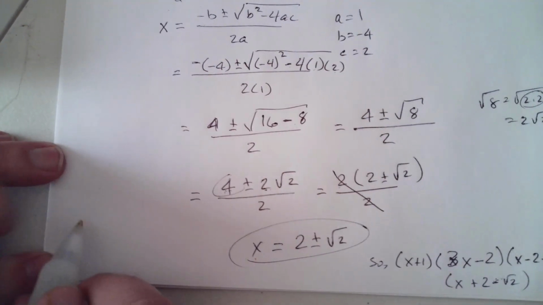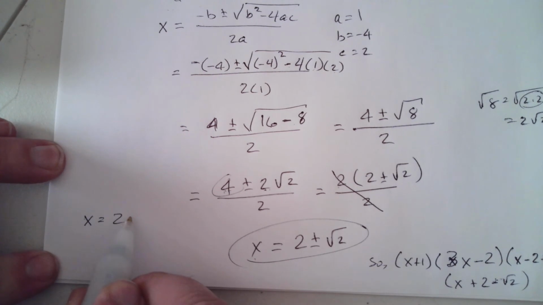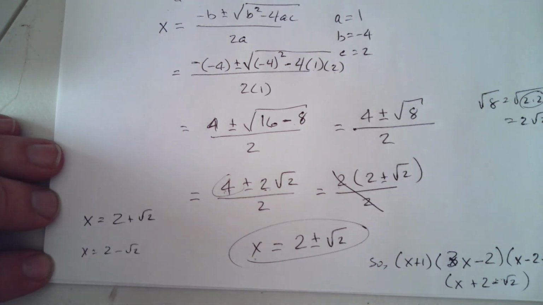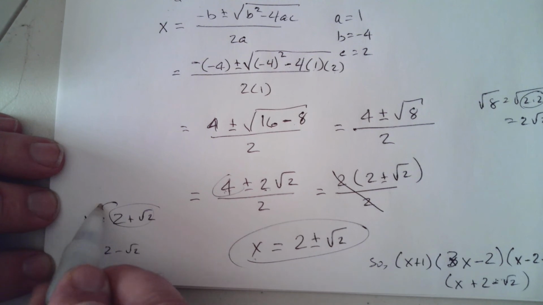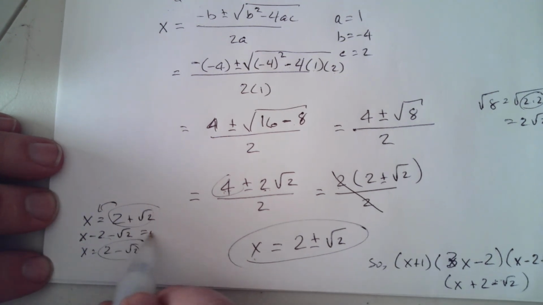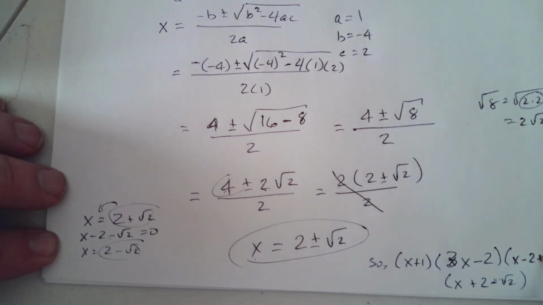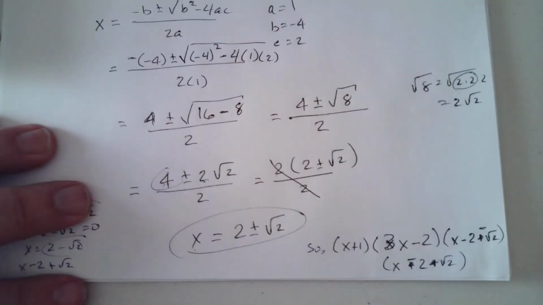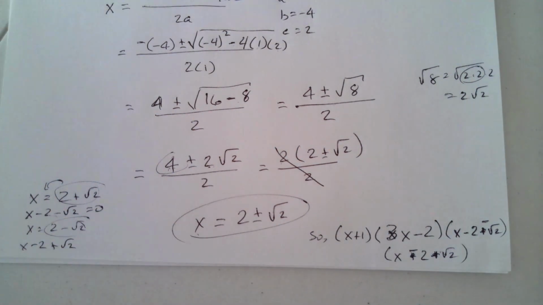Let's see how these work. We have x equals 2 plus radical 2 and x equals 2 minus radical 2. So if I move these equations over so it equals 0, I got x minus 2 minus radical 2 equals 0. Oh, it's minus. And then I have x minus 2 plus radical 2. So those are my 4 solutions.